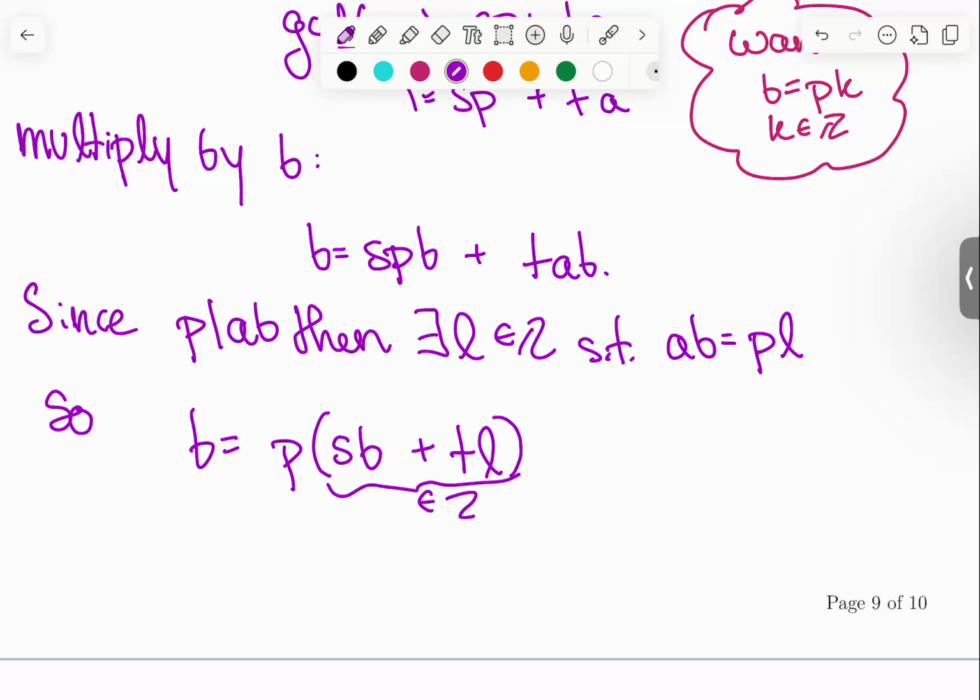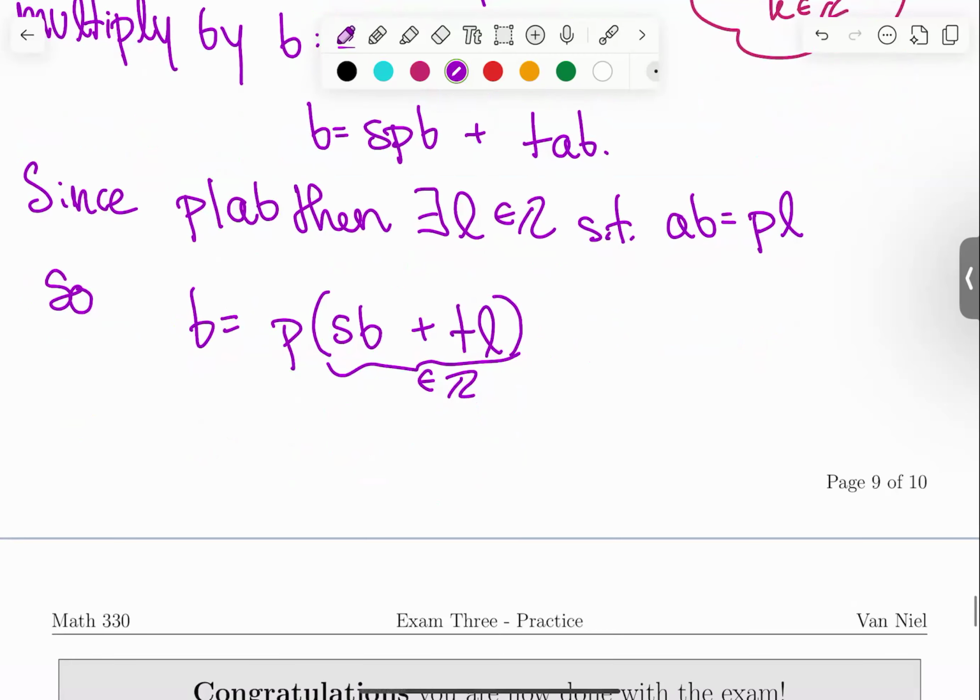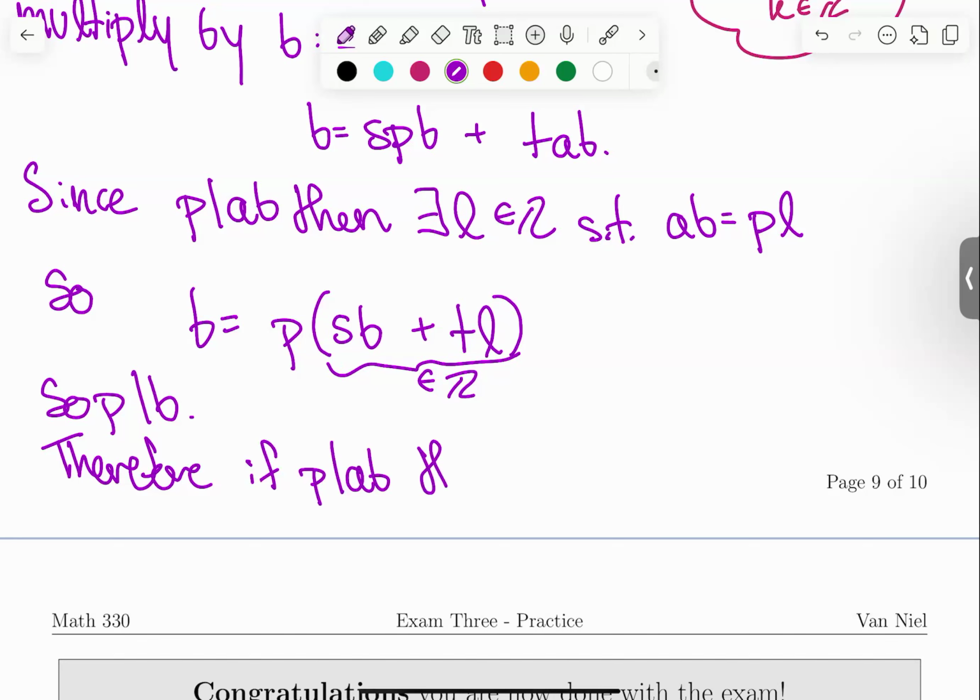Okay, but this whole thing is in the integers. So P divides B by definition. Therefore, if P divides AB, then P divides A or P divides B.